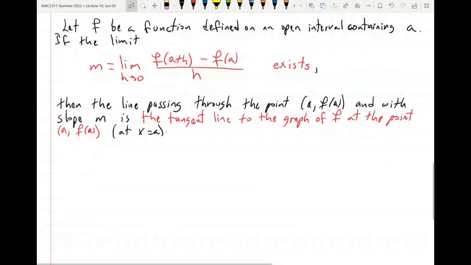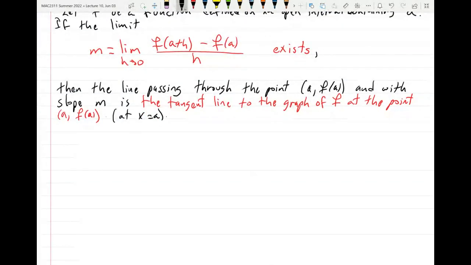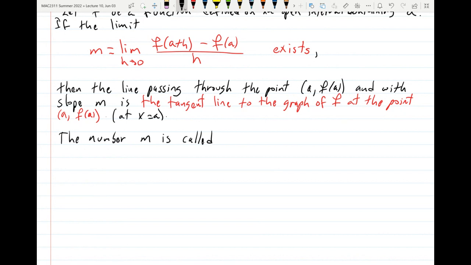Okay, so let me write these things down about the different names. So the number m is called the slope of f at x equal a.